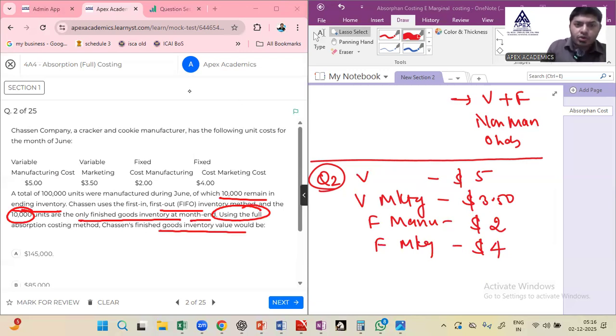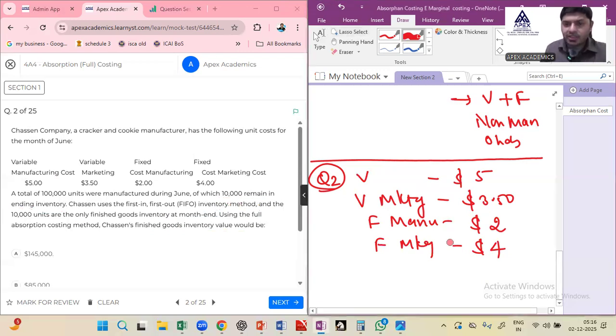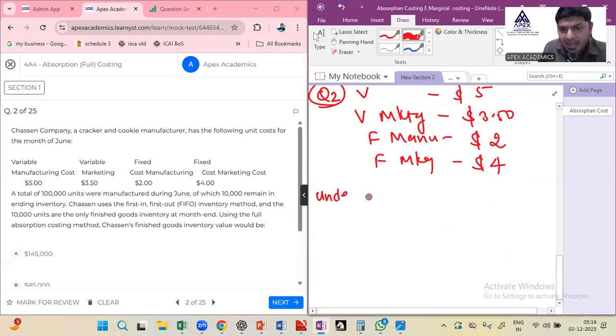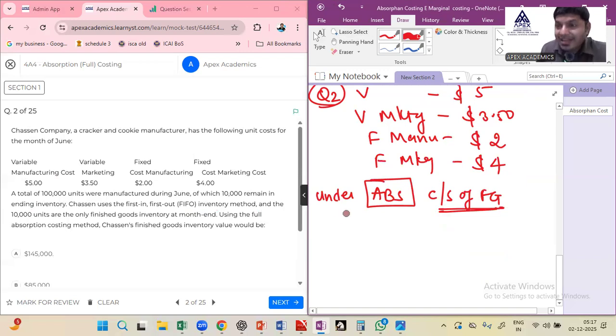Now, if I was to apply full absorption costing method, please try to understand that under absorption costing, abbreviation we are using for absorption costing is ABS. Under absorption costing, closing stock of finished goods is valued at variable as well as fixed manufacturing cost.